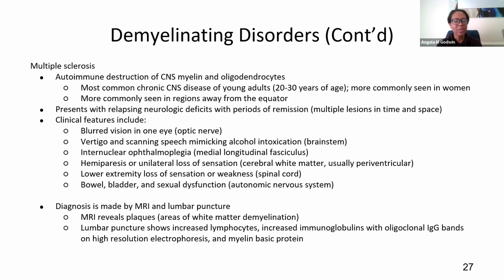Most commonly seen in women. They also say it's most commonly seen away from the equator, so in colder areas, which I find interesting. It presents with relapses. Someone could be in a state of exacerbation and then go back into remission, and that's really just about where the lesions are occurring.